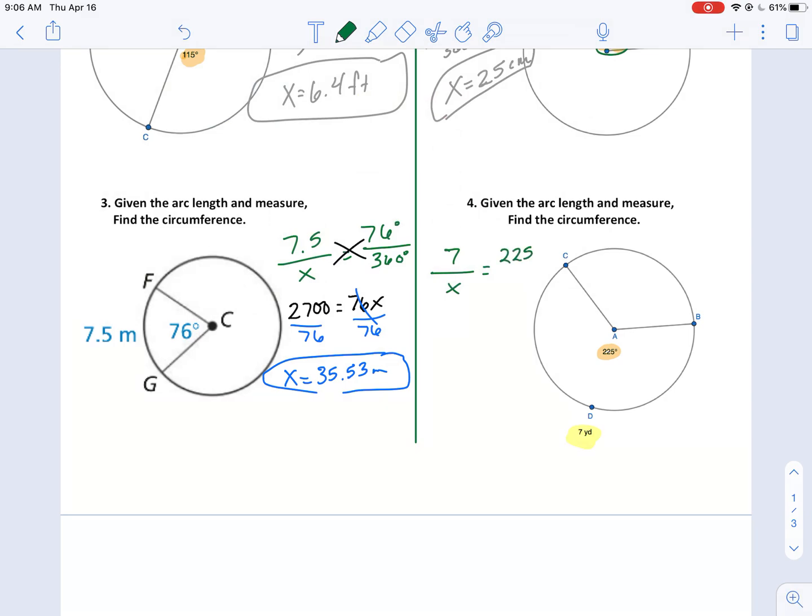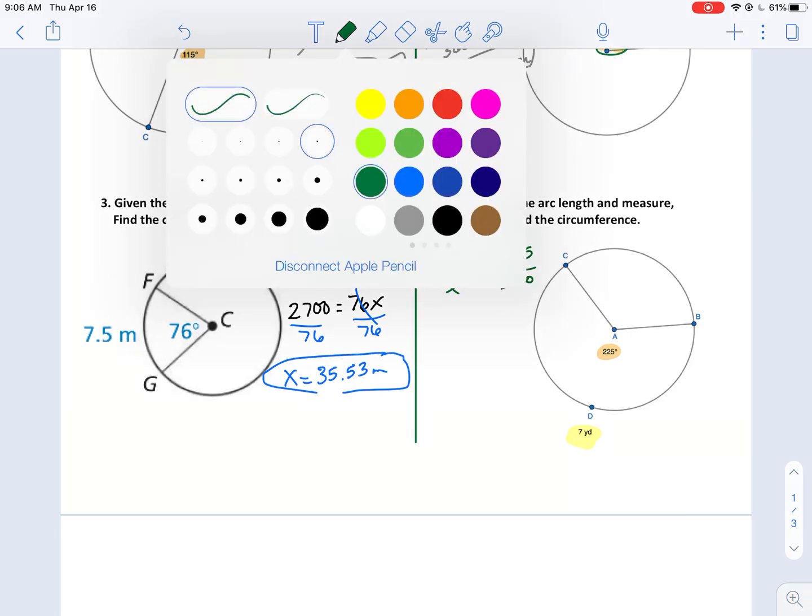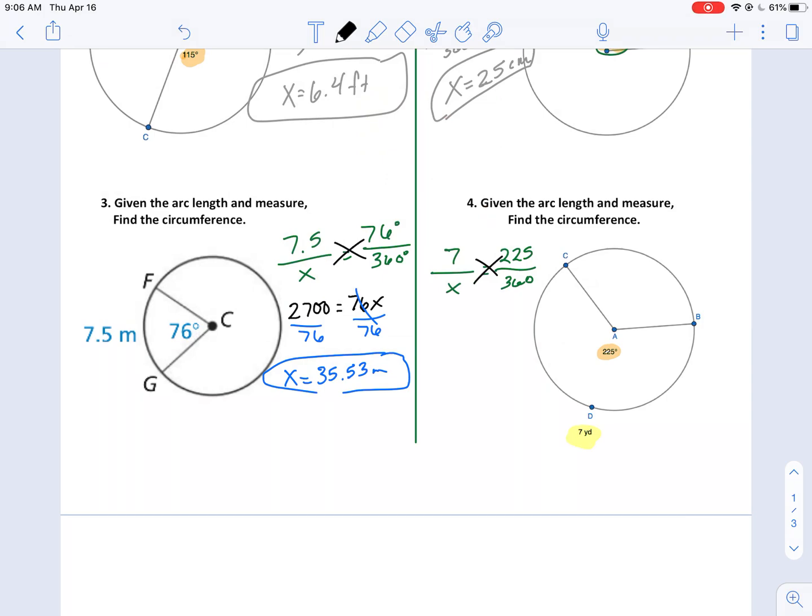But let's look at, again, what we're given. I'm given the arc length, given part of the circumference of 7. I want to find the whole circumference. I'm given part of the circle is 225. And the whole circle is 360.